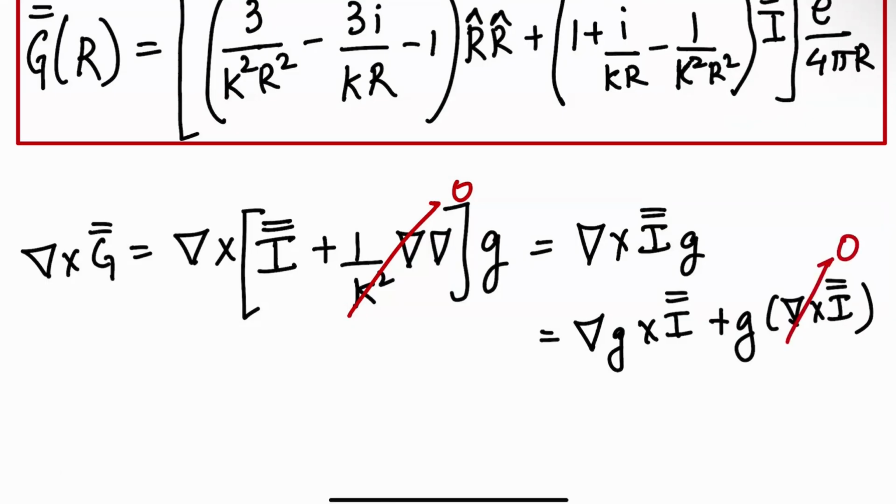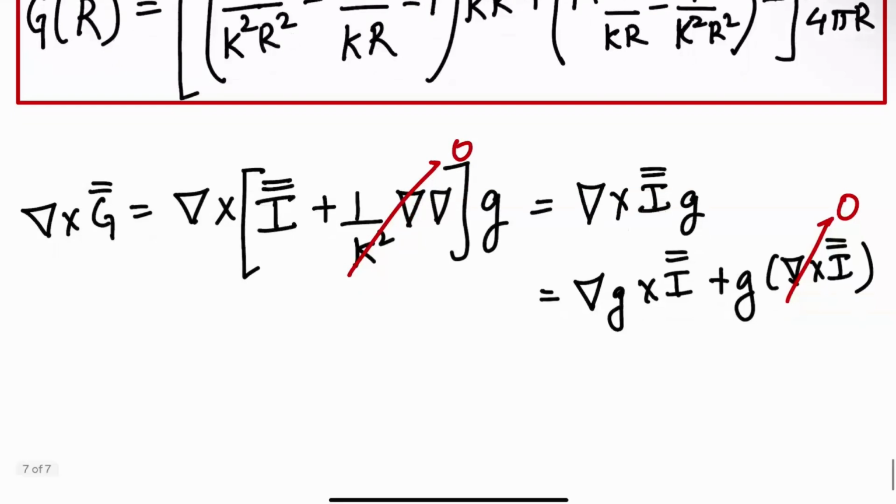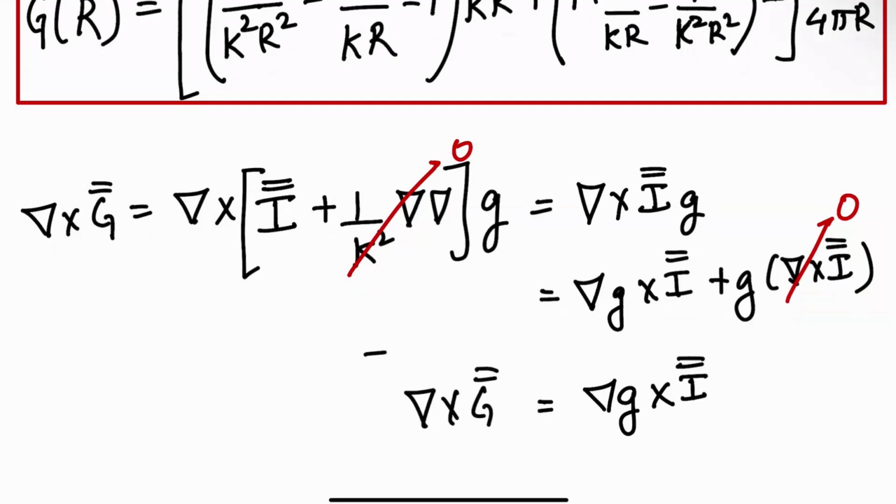Identity is a constant, every column vector is a constant vector, and the curl of a constant vector is 0. So that goes to 0, and you end up with something pretty simple, which is nothing but the gradient of the scalar Green's function crossed with I. That's basically this.